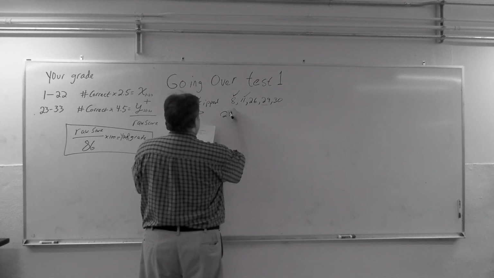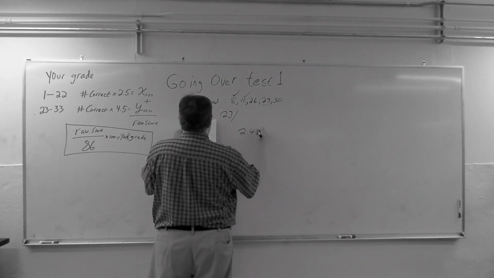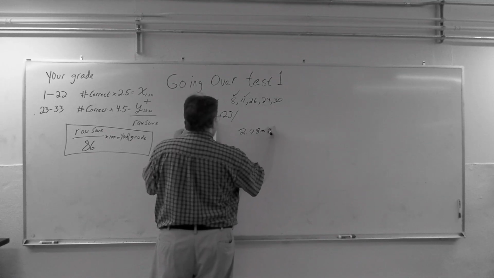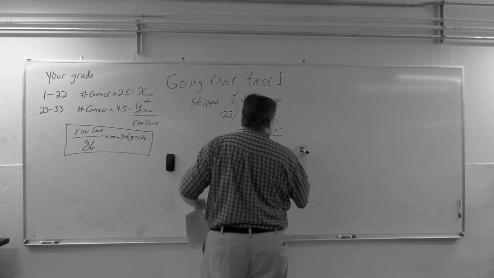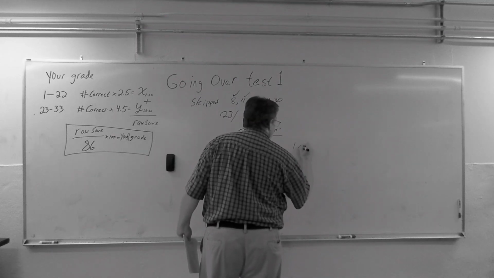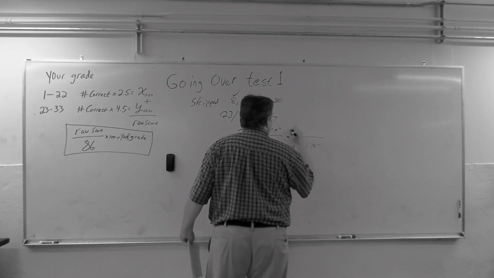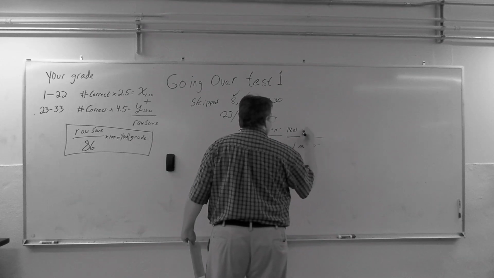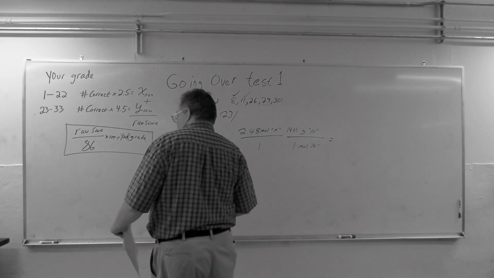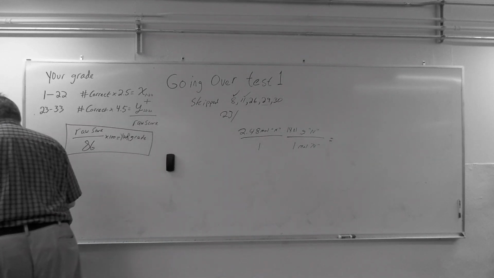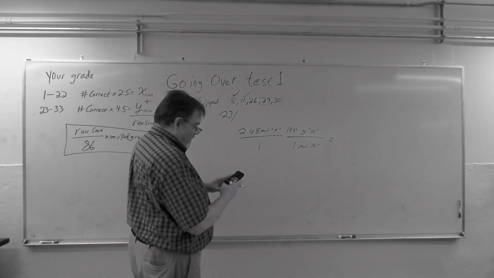So 23, what is the mass in grams of 2.48 moles of nitrogen? 1 mole of nitrogen, straight off the periodic table, is 14.01 grams of nitrogen. So 2.48 times 14.01.